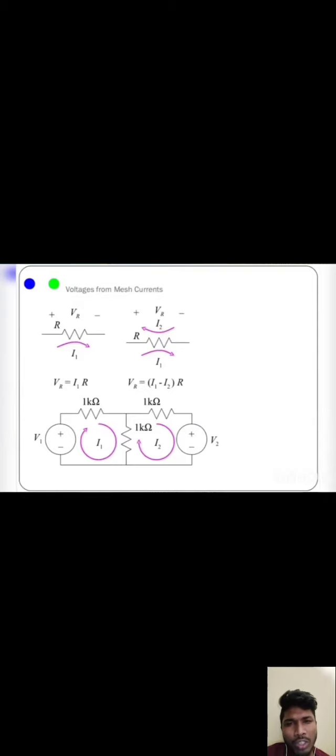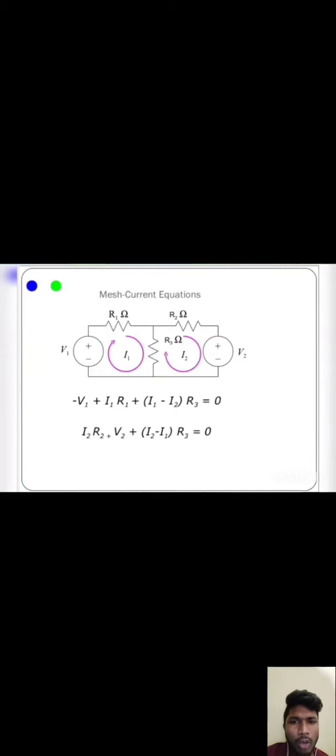We need to find the mesh equations of these two meshes. The mesh 1 equation, moving in the clockwise direction from negative to positive, would be minus V1 plus I1 R1 plus (I1 minus I2) R3 is equal to 0.